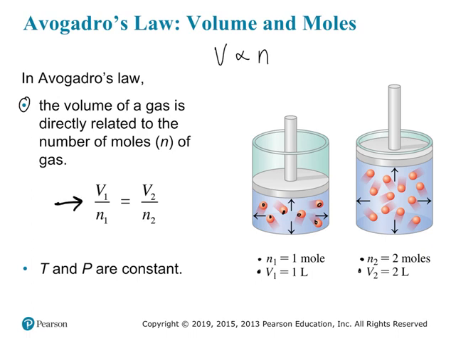So our equation is very similar to both Charles's law and Gay-Lussac's law, but this time we have volume and amount. So V1 over N1 is equal to V2 over N2, and this is assuming that temperature and pressure are constant.